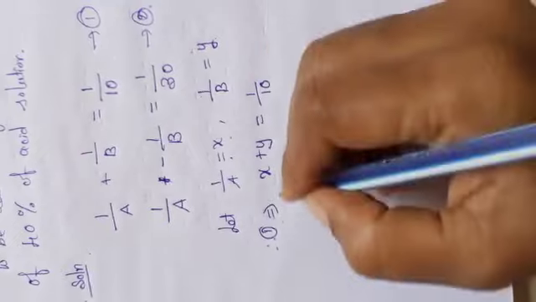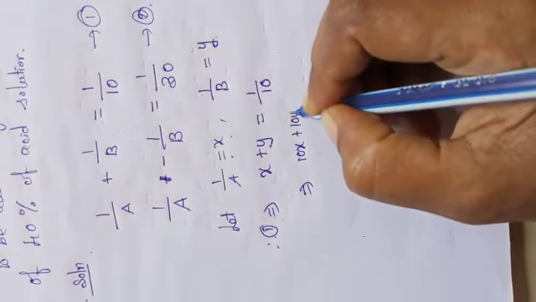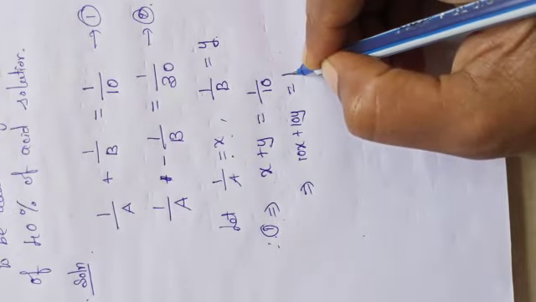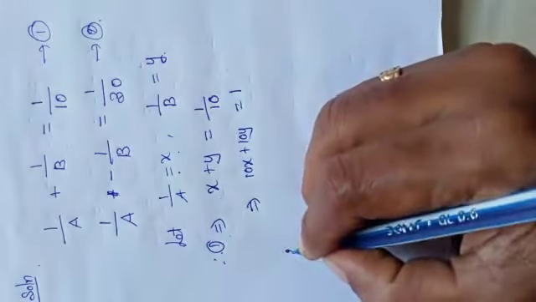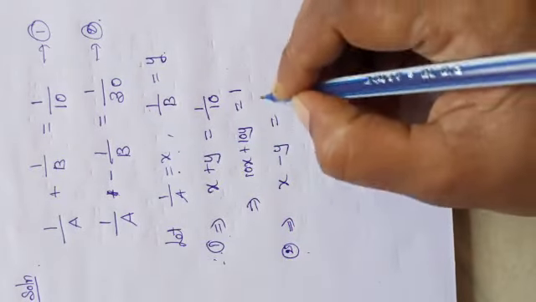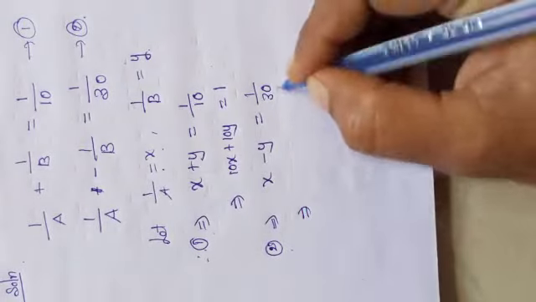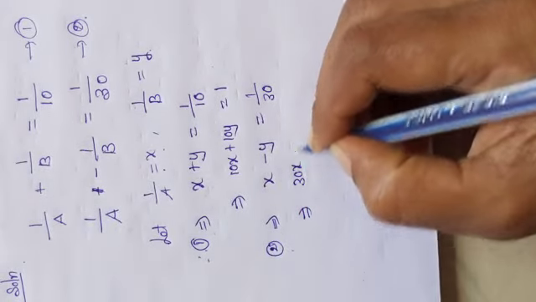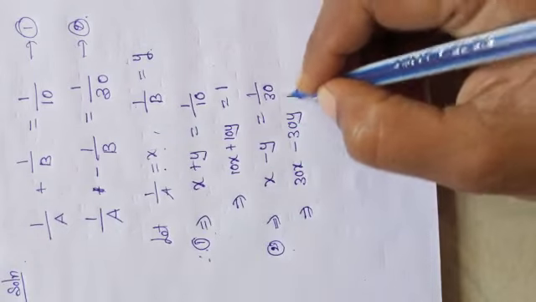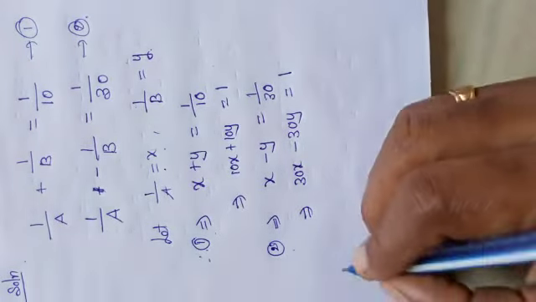If you want, we can cross multiply, which implies 10x plus 10y is equal to 1. Then equation 2 implies x minus y is equal to 1 by 30. This also, if we cross multiply, 30x minus 30y is equal to 1. Okay, these are the new equations.